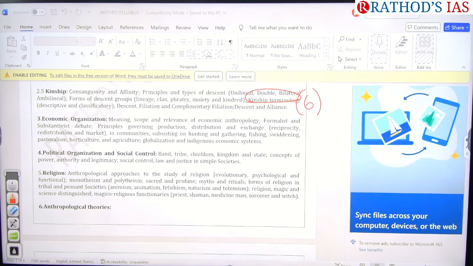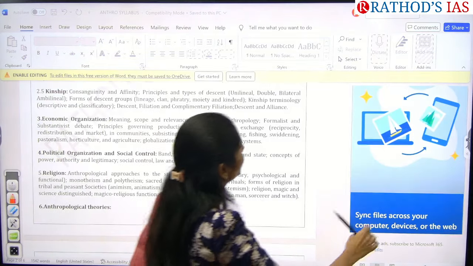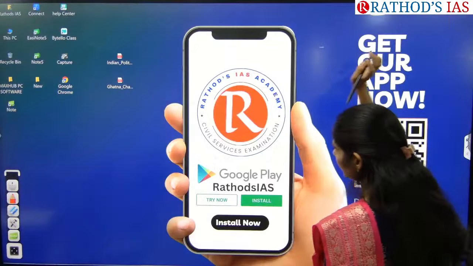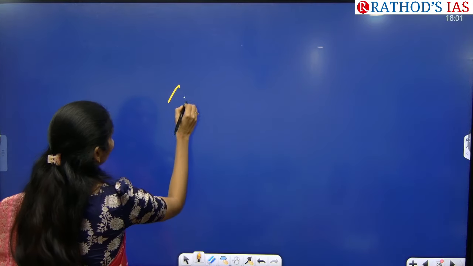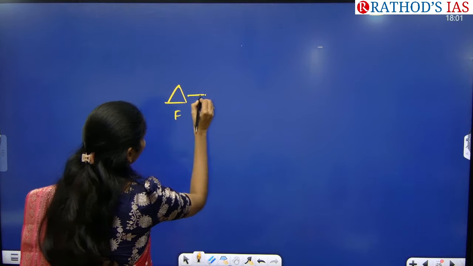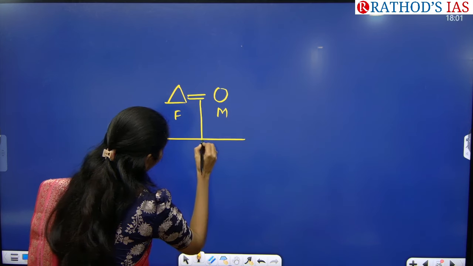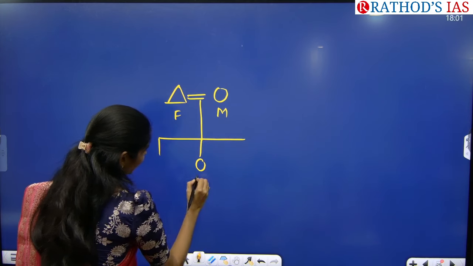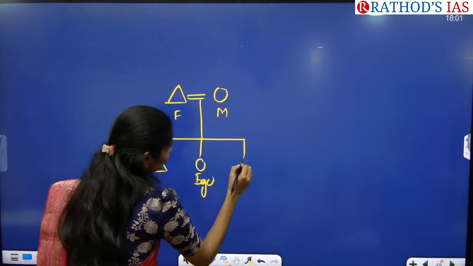Okay, so for example, I want to show one example. Okay, let me draw an example. So father is married to your mother and you are here. It is your brother, it is your sister.